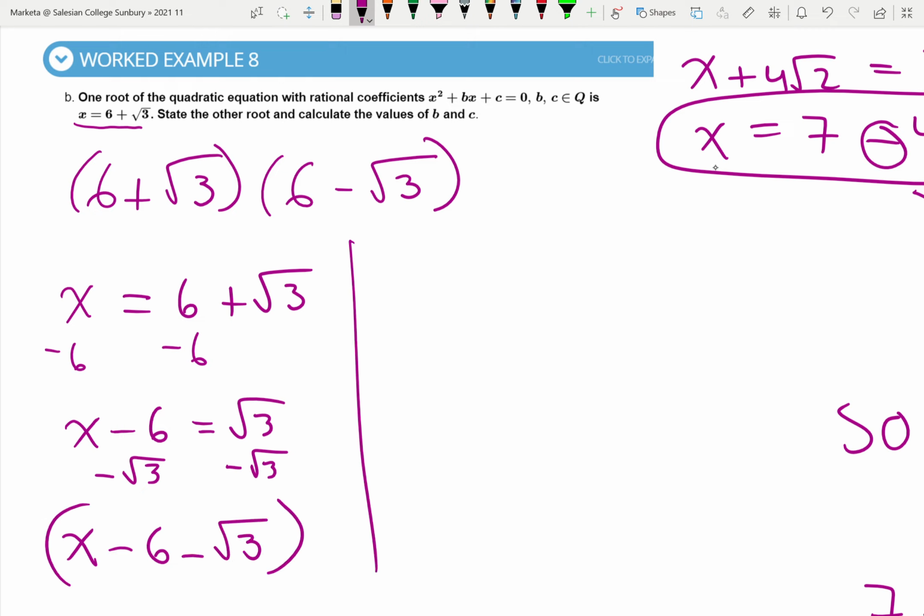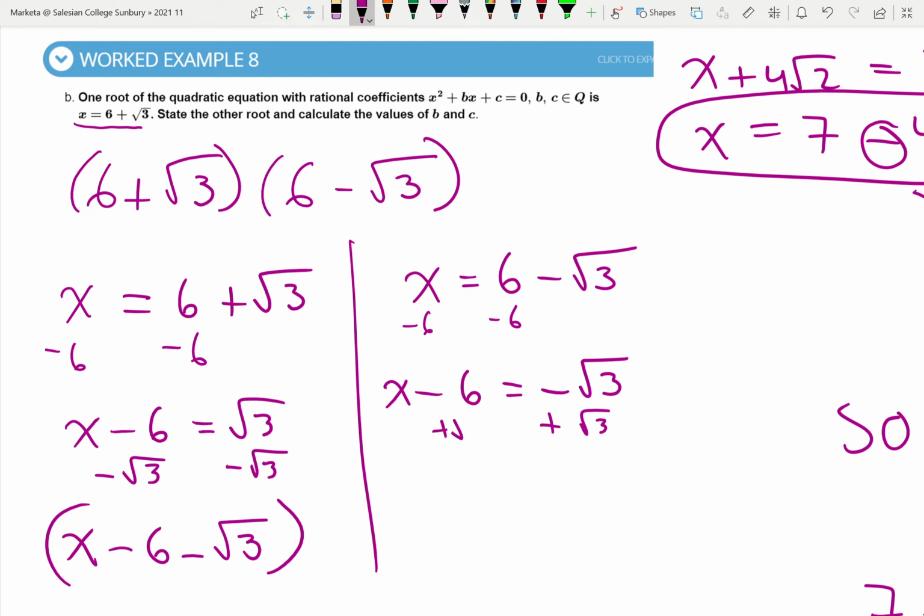And the second one, x equals 6 minus root 3. So now I'm going to minus 6 on both sides. So x minus 6 equals negative root 3. And I'm going to add root 3 on both sides. So it's x minus 6 plus root 3.